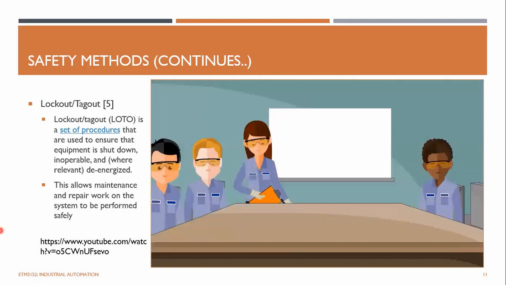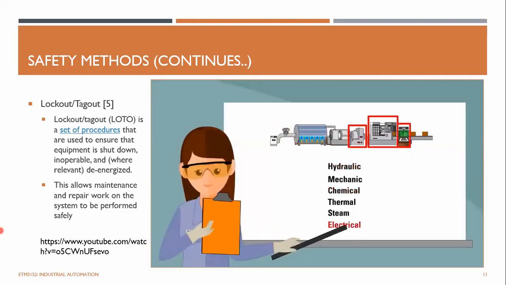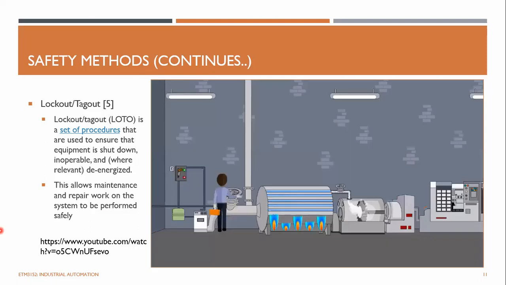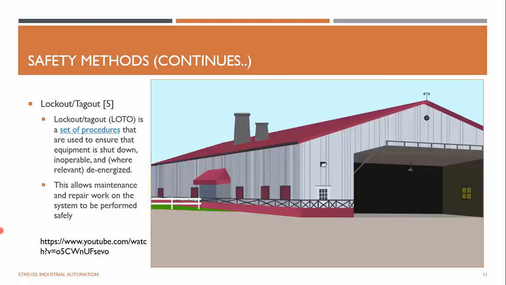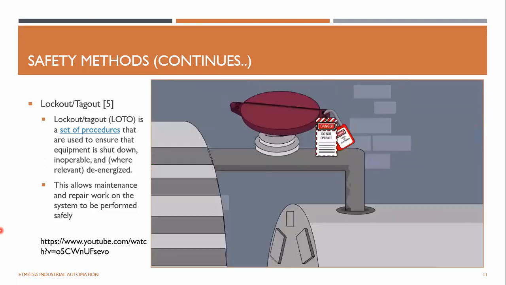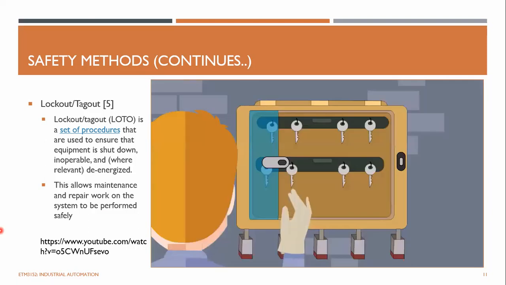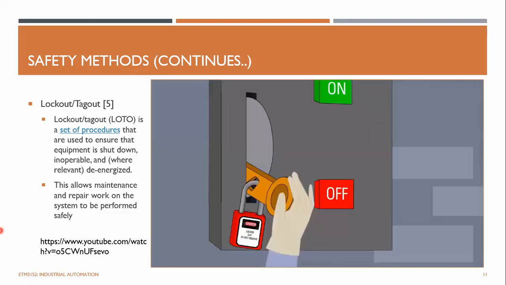Lockout procedures have 4 basic parts. Number 1, identify hazardous energy sources. Number 2, de-energize these sources. Number 3, apply locks and tags to prevent unintentional startup during work. And number 4, test the system to make sure energy isolation was successful.